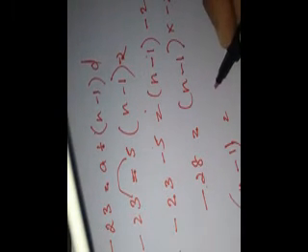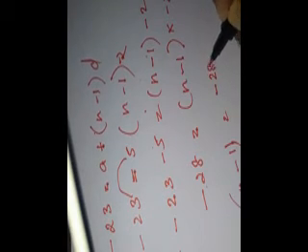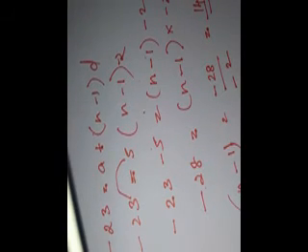So n minus 1 is equal to minus 28 by minus 2, which you'll be getting as 14. So n is equal to 14 plus 1, that is equal to 15. So you have got the n.